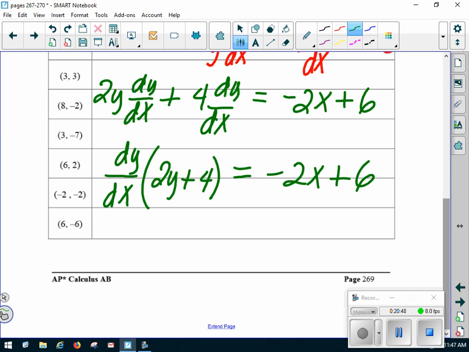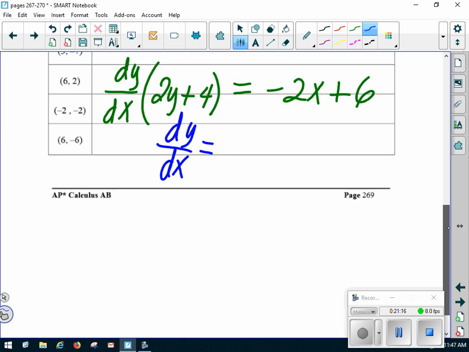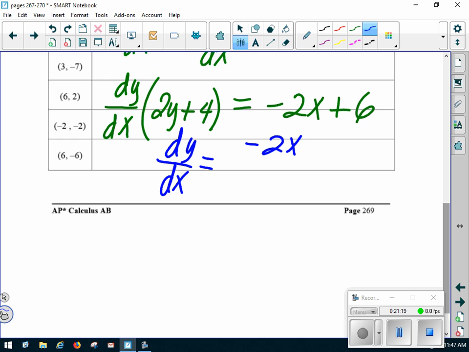That's how I made dy/dx appear once. That's algebra. I like that. So what's dy/dx? dy/dx is negative (2x minus 6) divided by (2y plus 4).